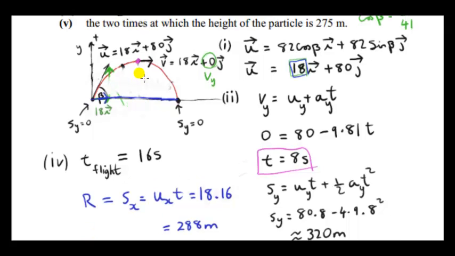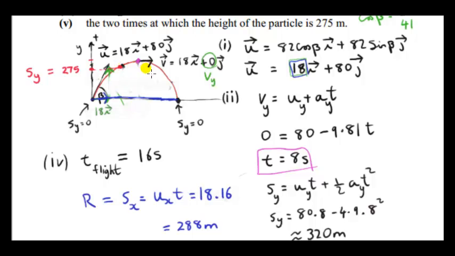Next we want the 2 times at which the height of the particle is 275. So I'll just mark 275 on this roughly. We know that the maximum height is 320. So this is the y value. We usually use the letter s to denote displacement, but we could just call it y.